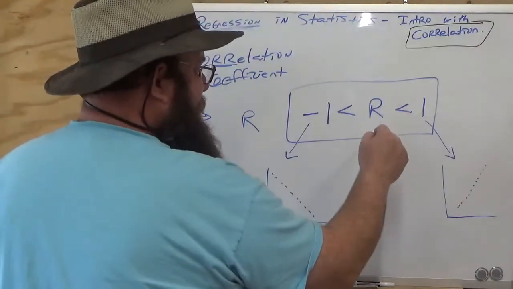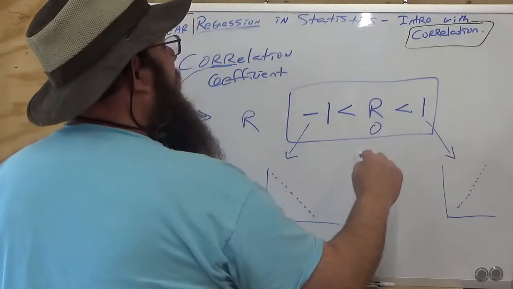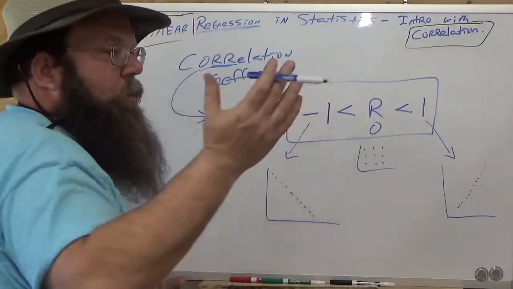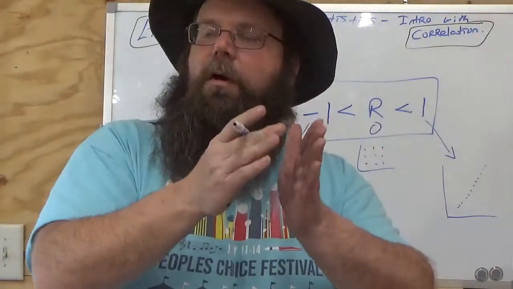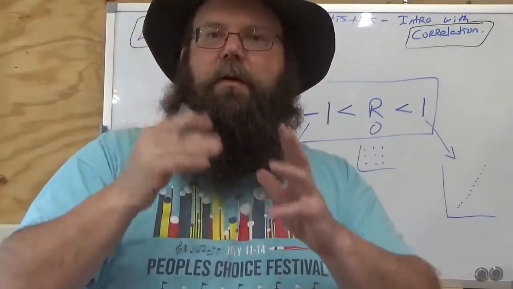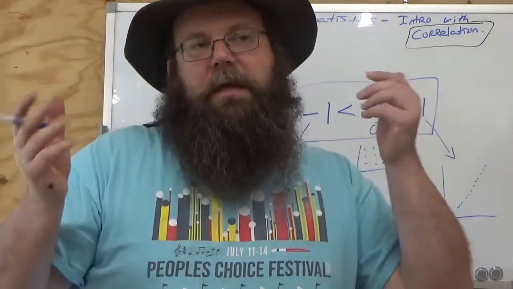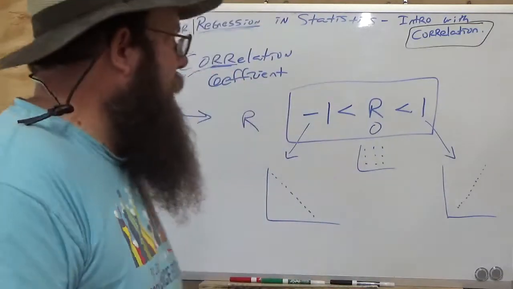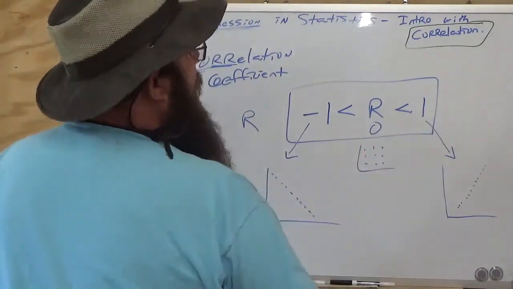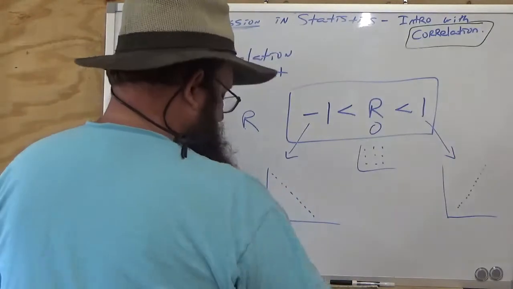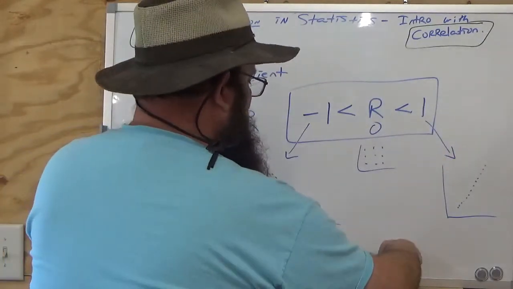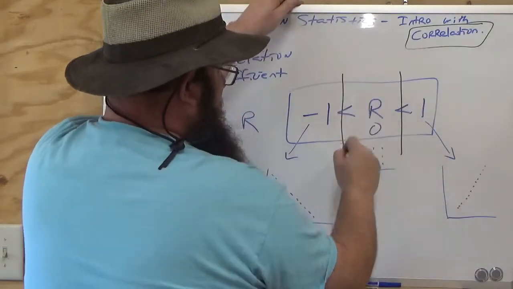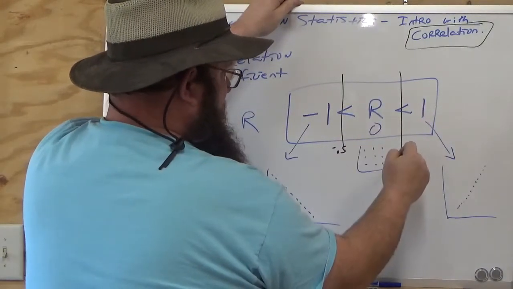If you're in the middle at 0, well, 0 is probably one of these things. Like, we don't have any correlation. The closer it is to 0, the less correlation there is. So if you got a correlation of 0, you could say, well, there is no linear correlation. So the closer you are to 1, or -1, you know, if we kind of say, okay, there's -0.5, here's positive 0.5.